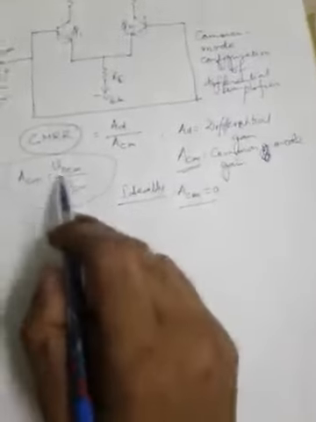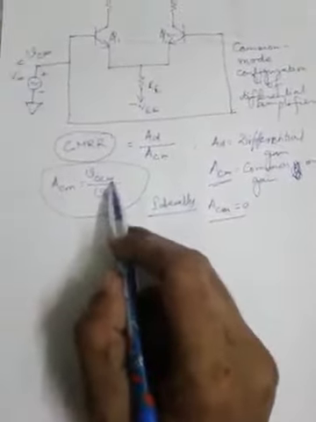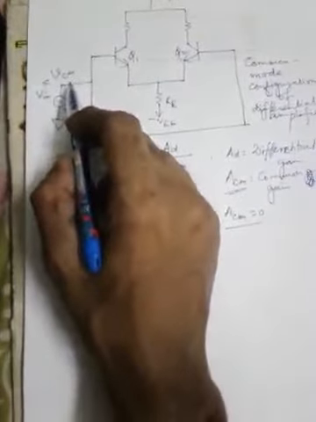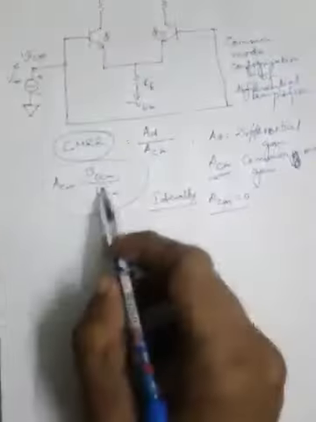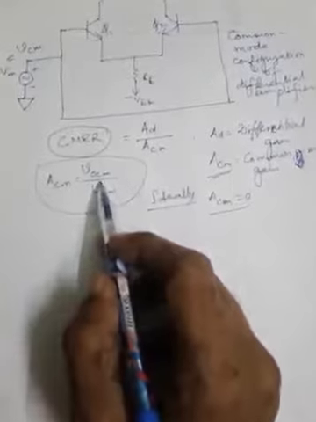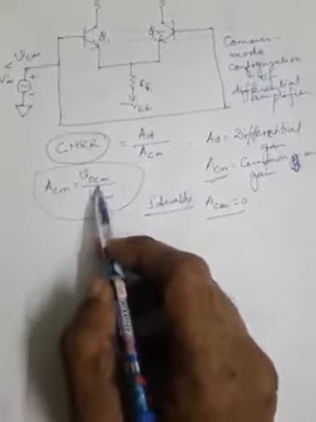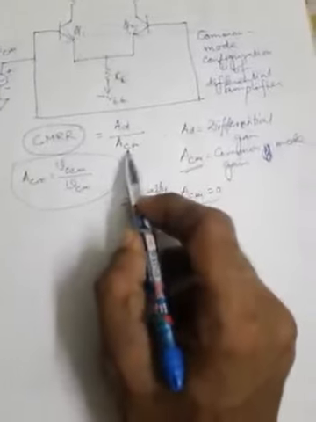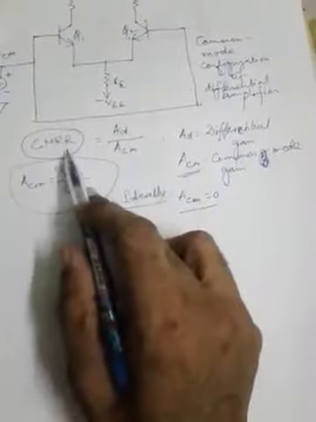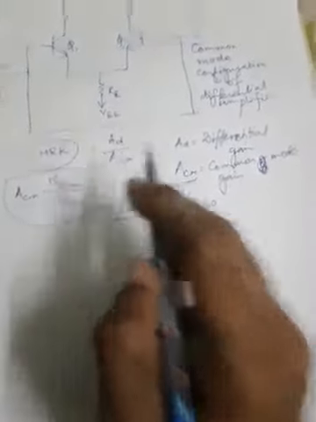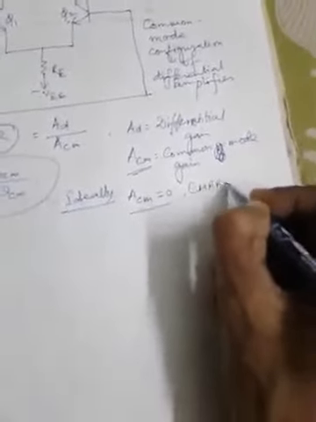Then when ACM equals 0, VOCM will be 0. So whatever common mode signal there is at the input, there will be no output because of that common mode signal. So ACM equal to 0 means CMRR will be infinite. So ideally when ACM is 0, CMRR tends to infinity.